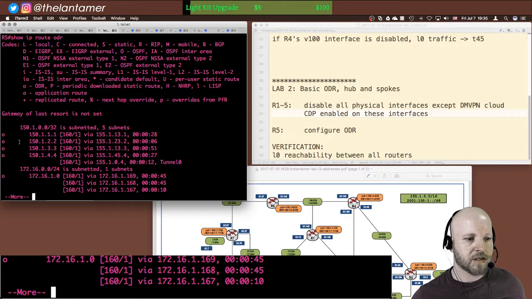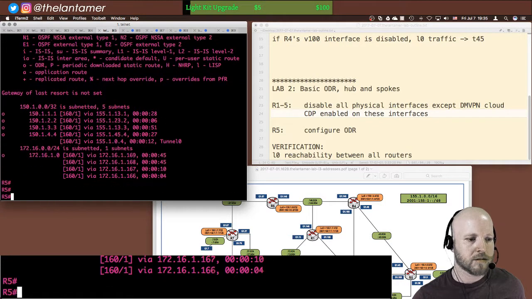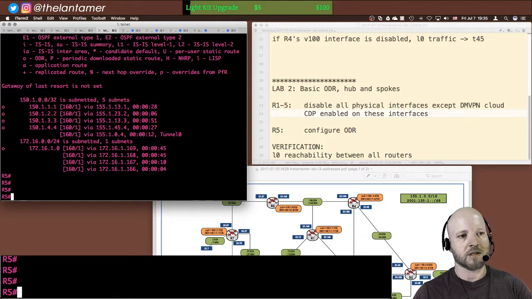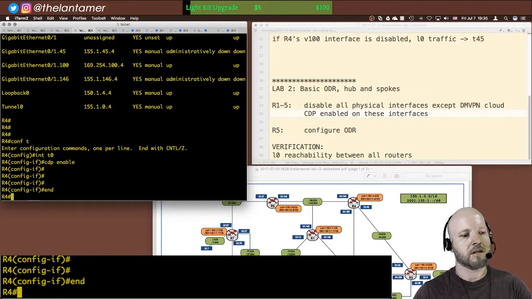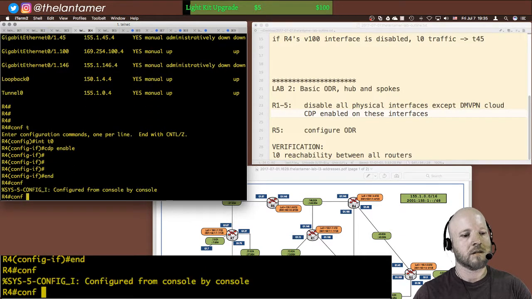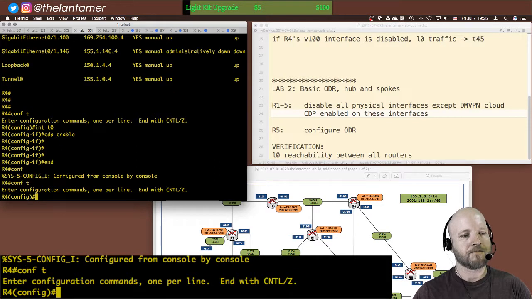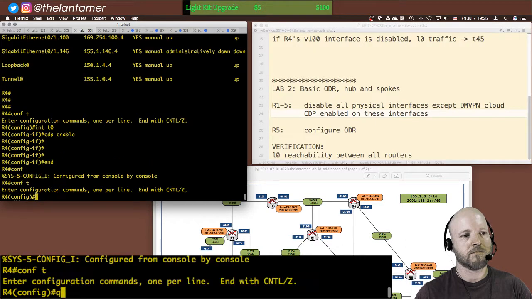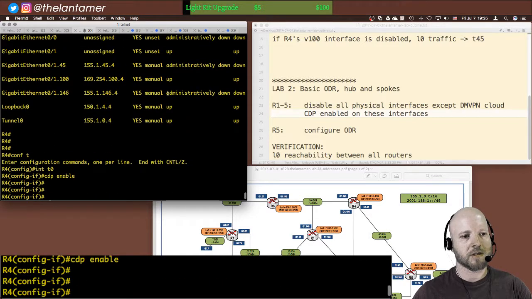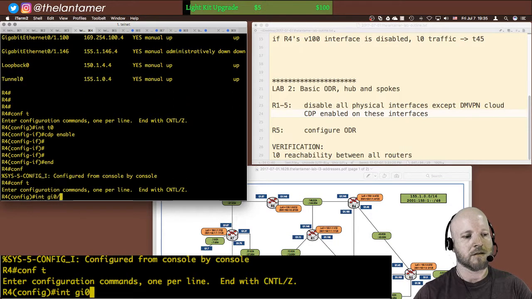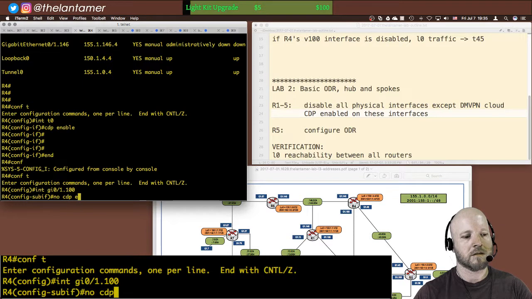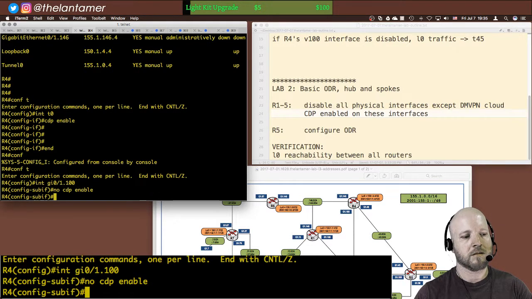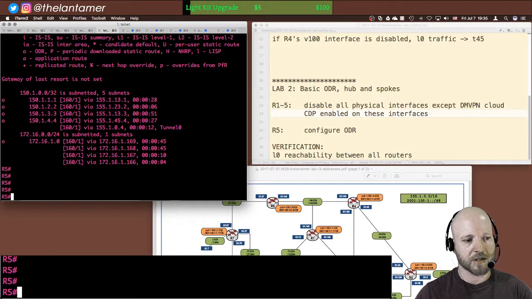And it did, but it's still sending it through the wrong one. All right, let's do this. Let's disable CDP at the interface level. No, I think it's just getting confused. All right, we did that. Let's see if it loses the route altogether.